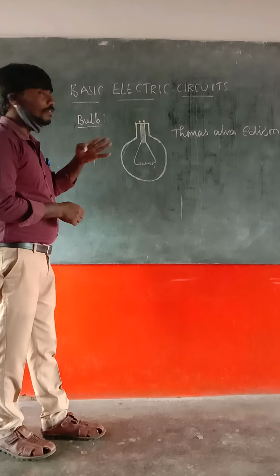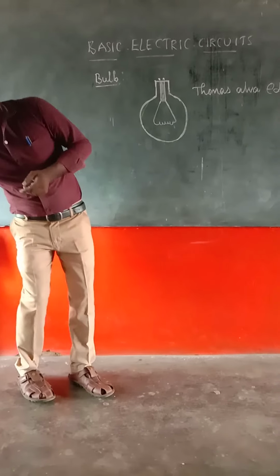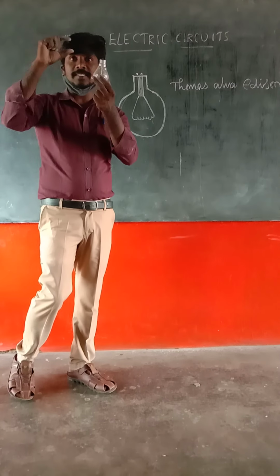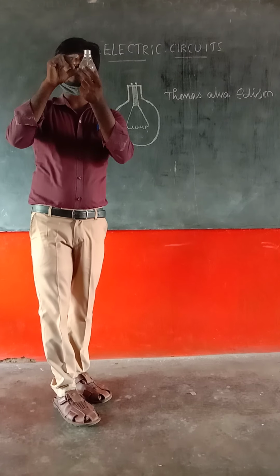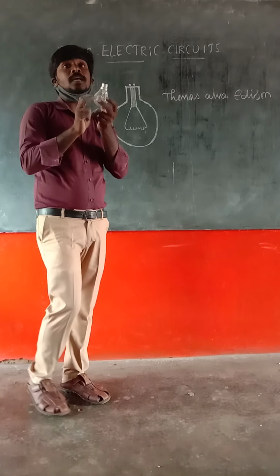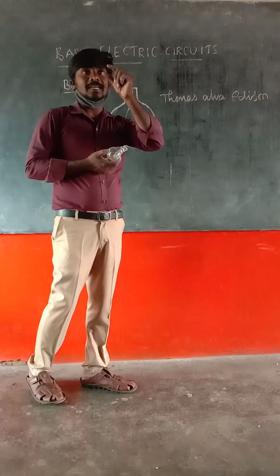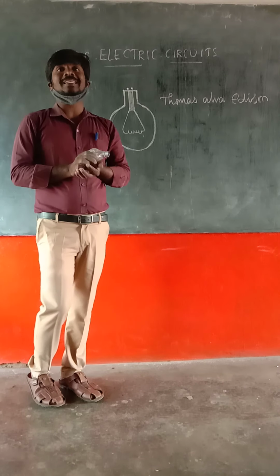Nowadays there are so many different types of bulbs. Some bulbs have this structure, some have that structure, some are very small, some are very big, and some are like tube bulbs. So there are many types of bulbs. But the first invention by Thomas Alva Edison was the simple electrical bulb.